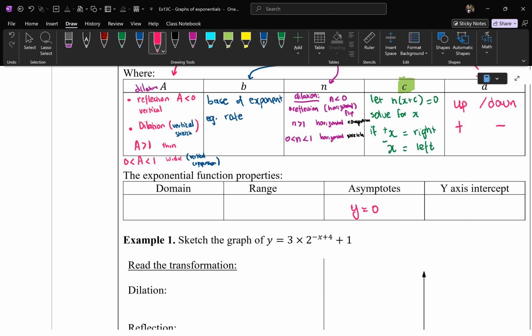What are key features? You have to have a y asymptote. Range. We can see that the graph never touches 0, but it goes to infinity. We can see that the domain can be any value. You can put any x value in and it's fine. So meaning it can be negative infinity to infinity.